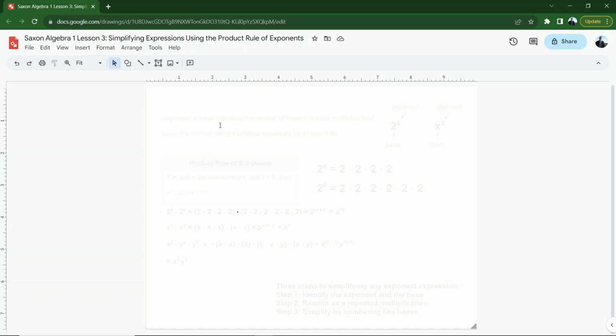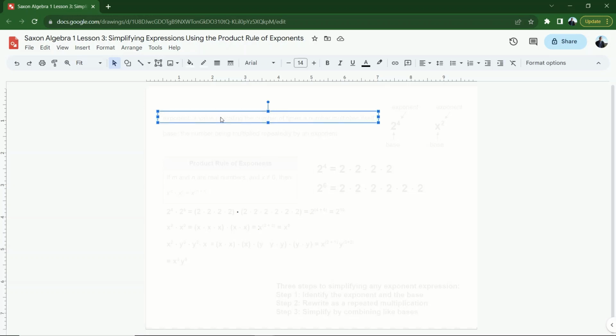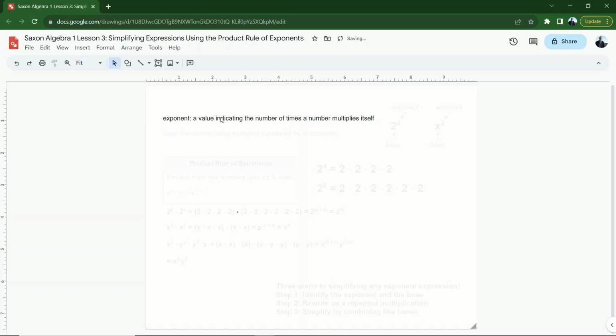This is something you've probably learned about before. An exponent is a tiny superscript number that we put after the number it refers to, or after its base. And what it indicates, an exponent indicates the number of times a number multiplies itself. So let's go ahead and take a look at an exponent.